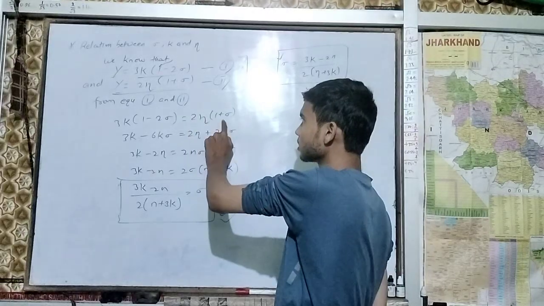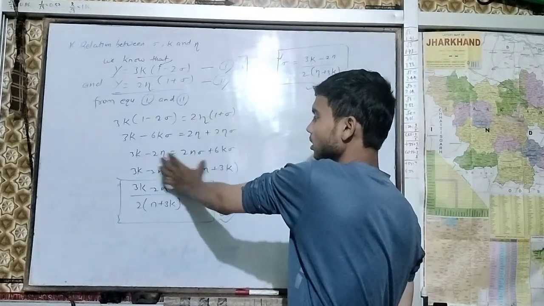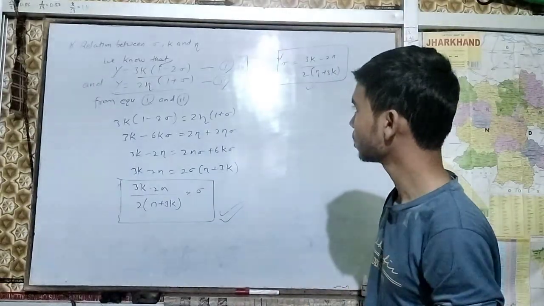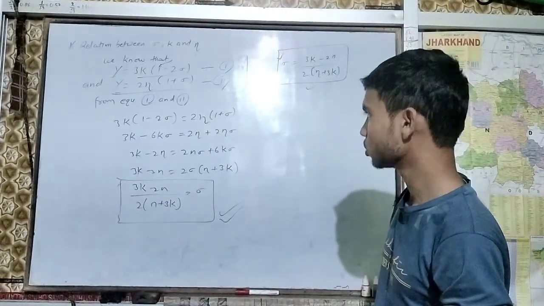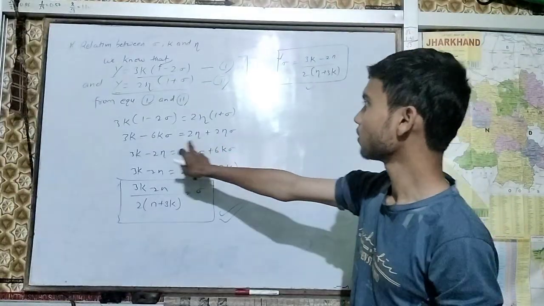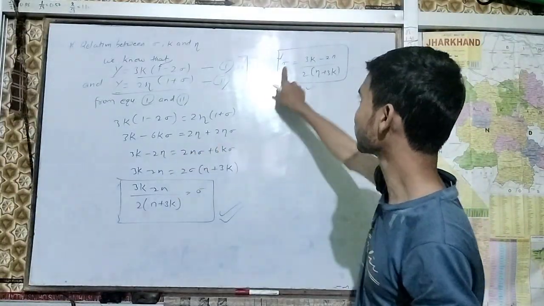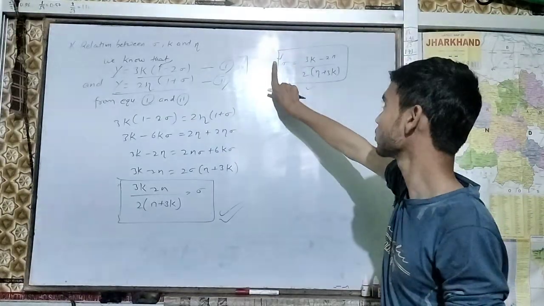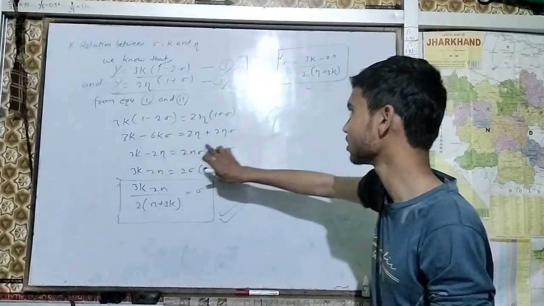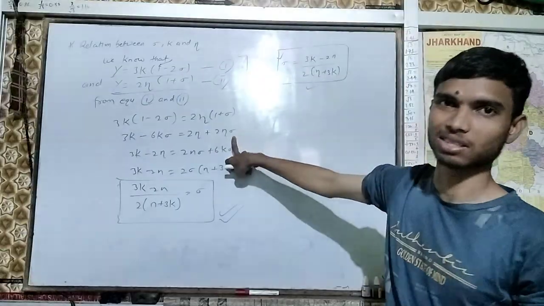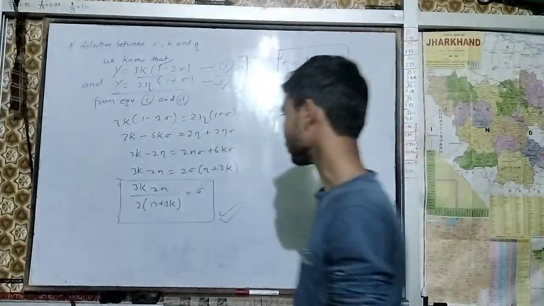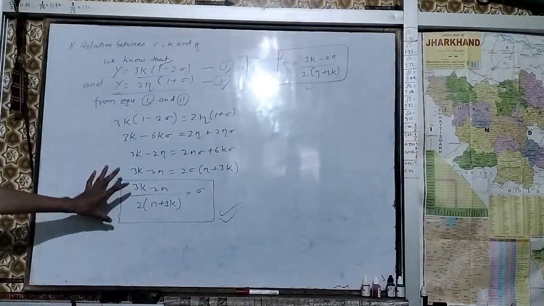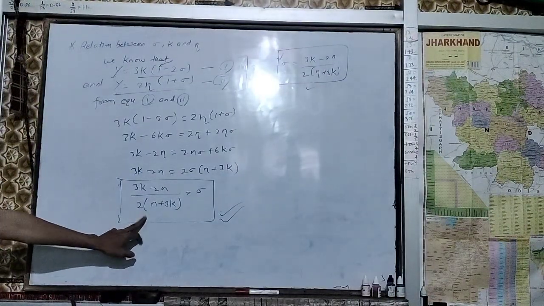So multiply these two terms, and then see here 2 is common. Then shift this over here, because we need only one Poisson's ratio on one side. That's why I shifted this Poisson's ratio to this side. That is how you have to come till this equation.